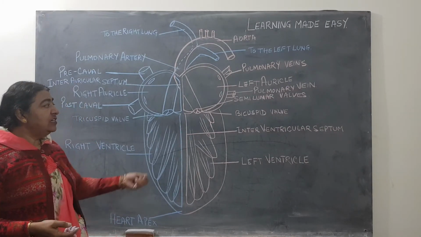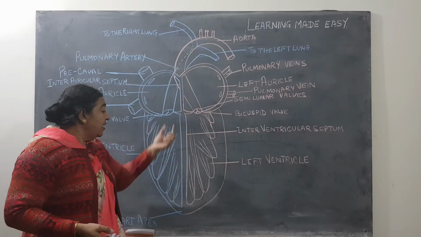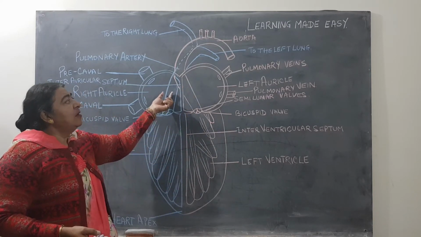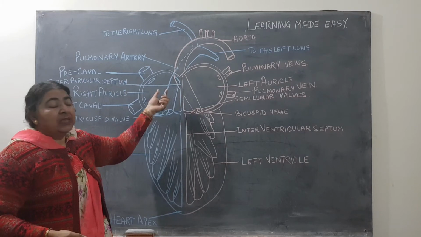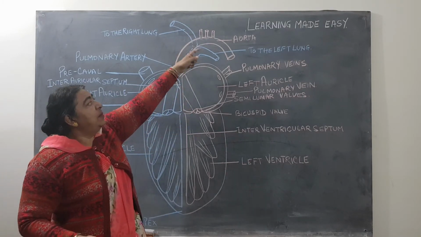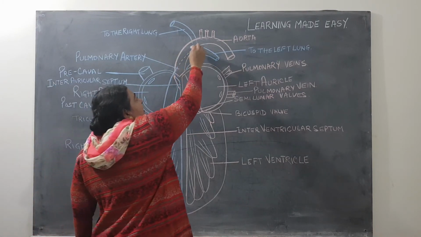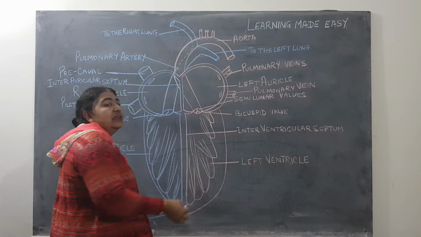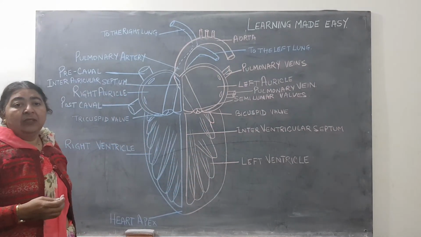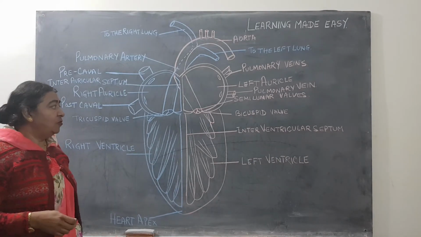Now, opening of these valves will lead to oxygenated blood in the aorta, deoxygenated blood in the pulmonary artery. Now, when the blood reaches these big vessels, aorta takes oxygenated blood and circulates it through the body for fresh oxygen supply to the cells of the body.